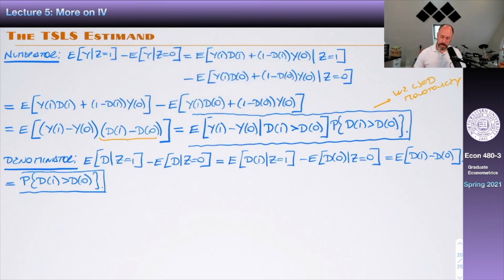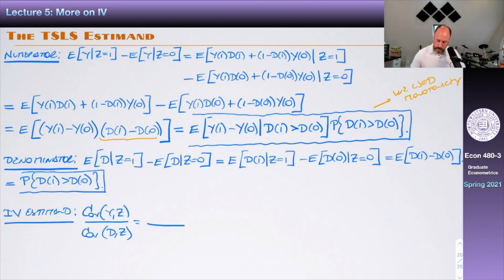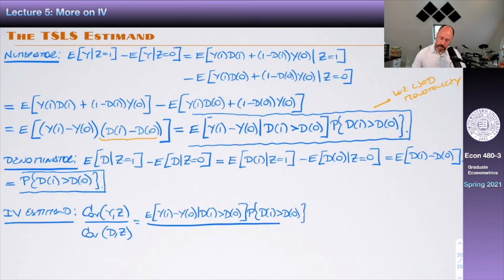So now you just put everything together, and then we have that the IV estimate, the covariance of yz divided by the covariance of dz, is equal to, on top, the expected value of y1 minus y0 conditional on d1 greater than d0, times the probability d1 is greater than d0, divided by the probability d1 is greater than d0.